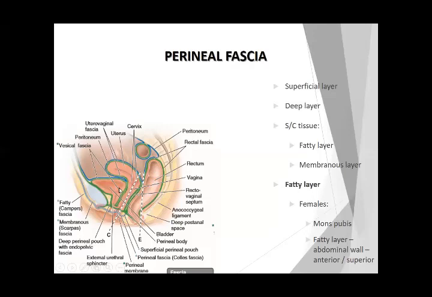So what happens is that this fatty layer covers the mons pubis, and then please note this fatty layer is continuing into the perineum, and anteriorly and superiorly it becomes continuous with the fatty layer of the anterior abdominal wall. You probably remember it as Camper's fascia. It's easier to remember as the fatty layer.